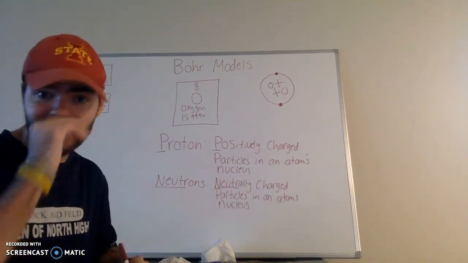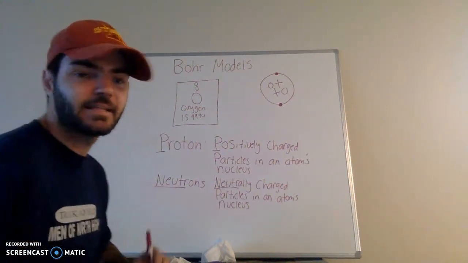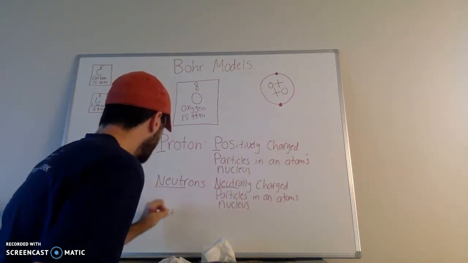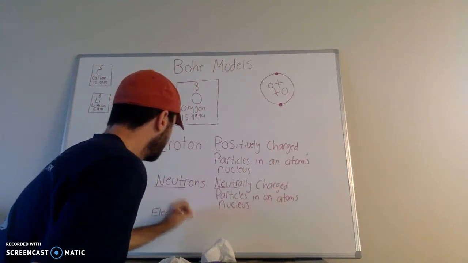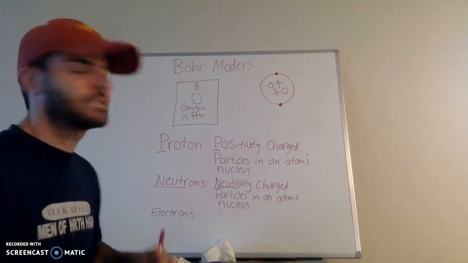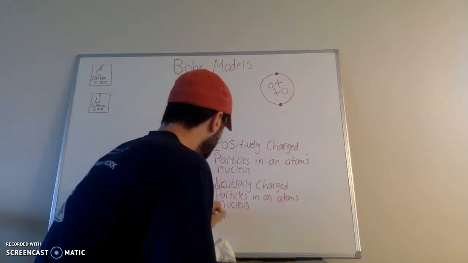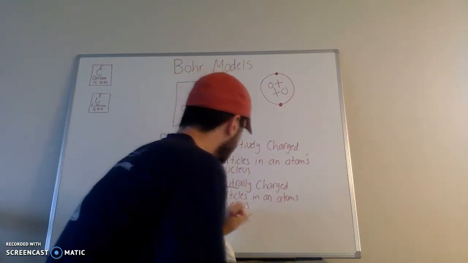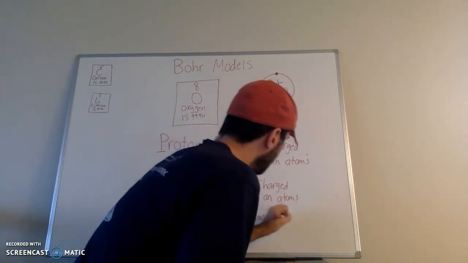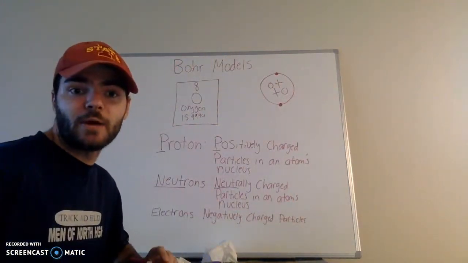Okay, and then the last subatomic particle we want to talk about is electrons. I don't really have a tip to help you remember this, but they are negatively charged particles around the nucleus.